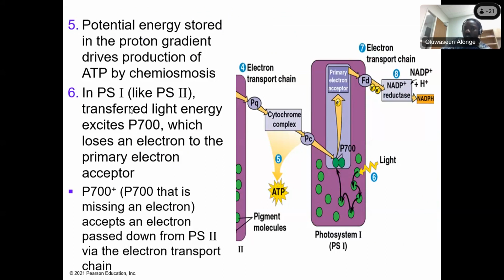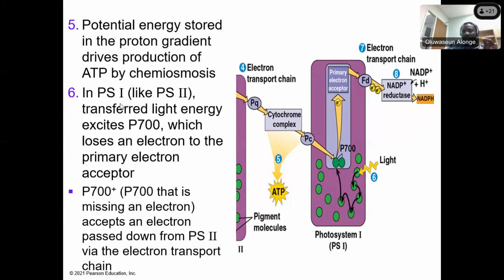Now, in PS1, transferred light energy excites P700, just like it excited P680 as well. Now, don't ever mix it up. PS2 has P680, meaning lower energy, higher wavelength, right? Whereas PS1 has P700.